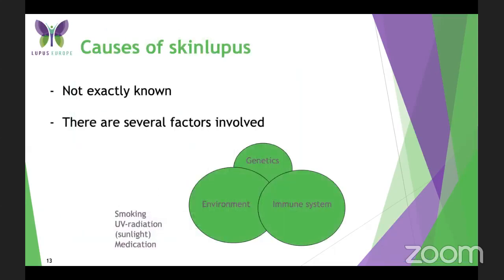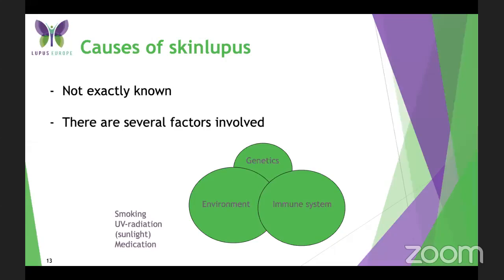So one of the questions many of my patients ask me is what the cause of their disease is. Well, unfortunately, we do not exactly know why lupus occurs, but we do know that there are several factors involved. One of these factors, very simple, is genetics.